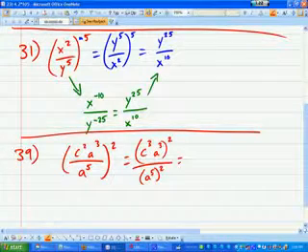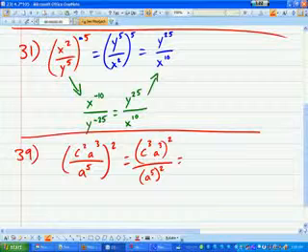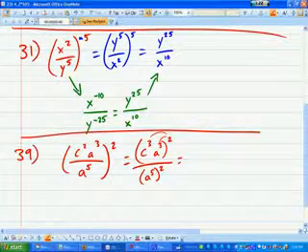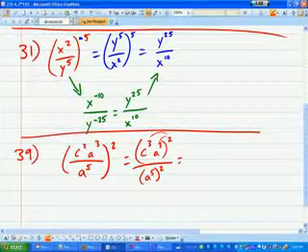You actually have to distribute that exponent of 2 into both of those terms. So when we do that, you end up with c to the third to the second power, which is c to the sixth, and a to the third to the second power, which is a to the sixth, all divided by a to the fifth to the second power, which is a to the 10.